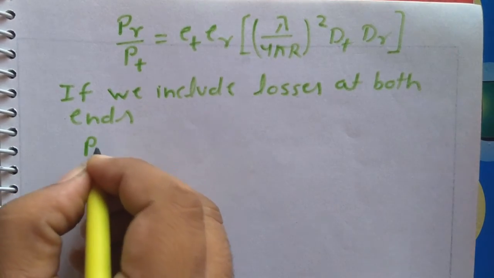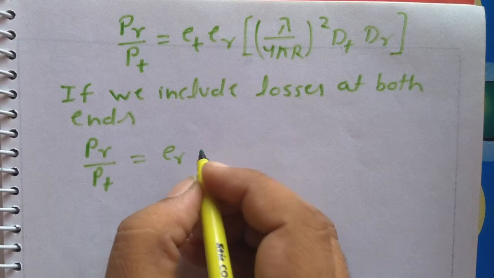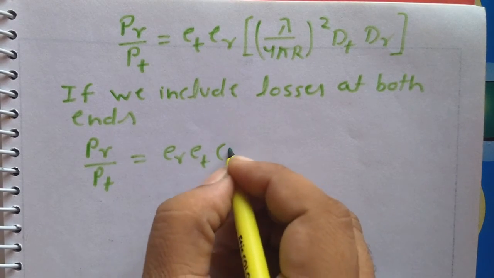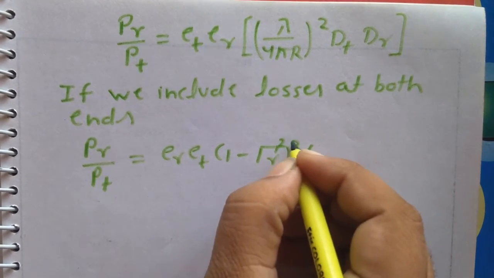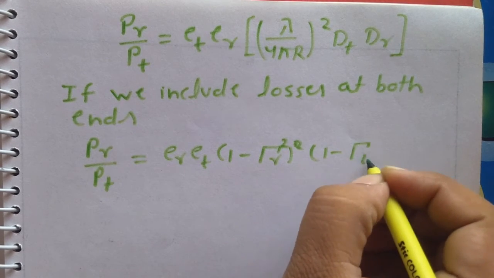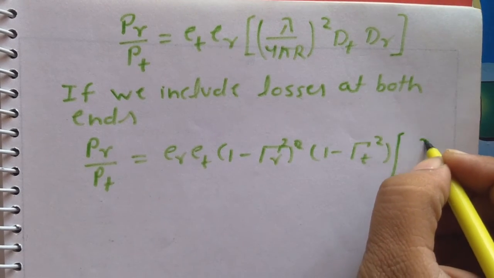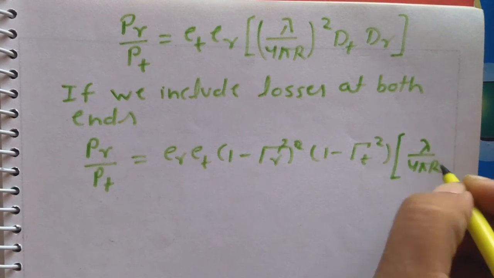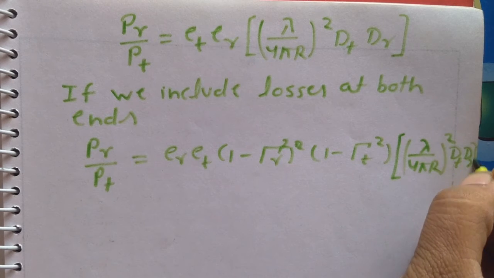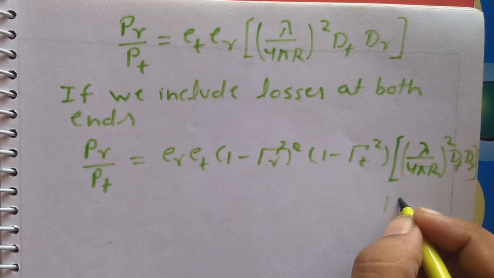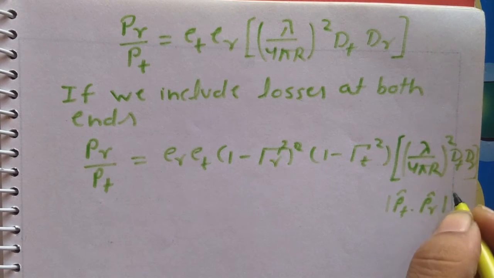then PR divided by PT equal to ER ET 1 minus mod of gamma r square 1 minus mod of gamma t square lambda upon 4 pi r whole square DT DR into mod of rho t dot rho r unit vector whole square.